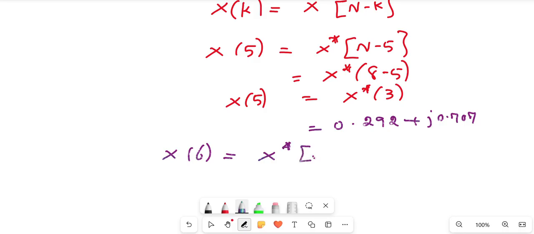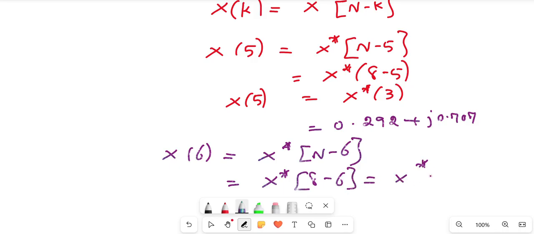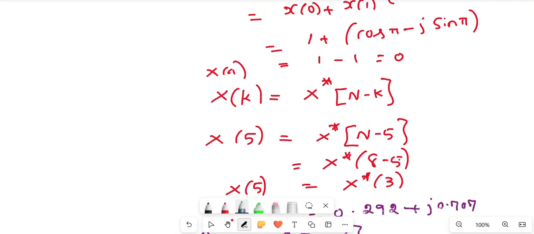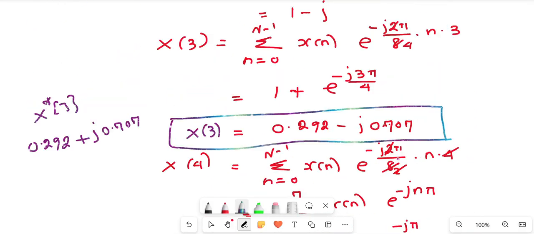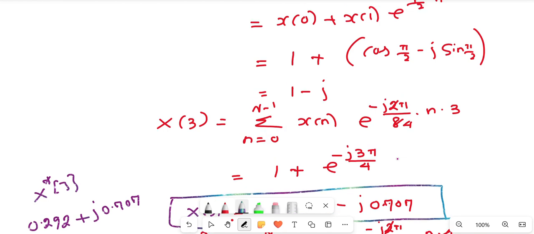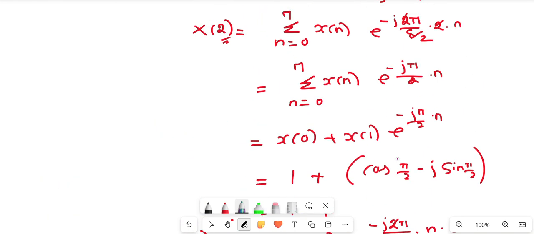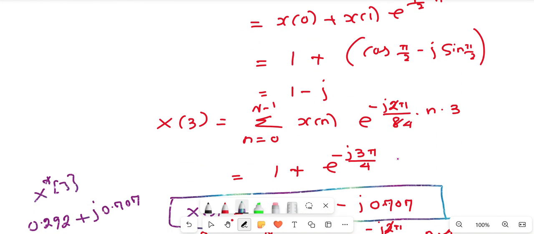Similarly, if you want to compute X of 6, you can write the complex conjugate of X of N minus k, so the complex conjugate of 8 minus 6, which is equal to the complex conjugate of X of 2.